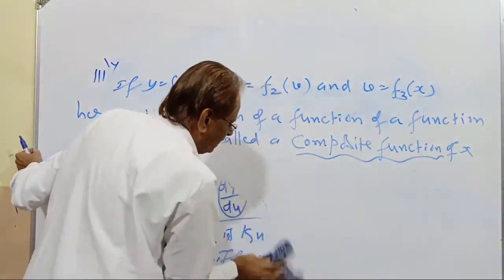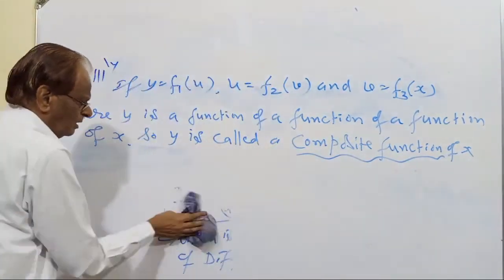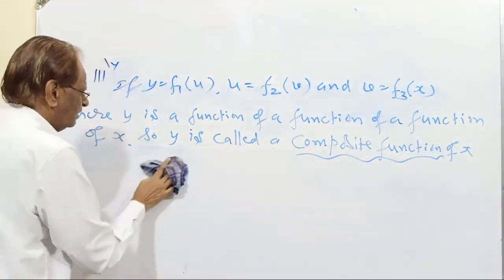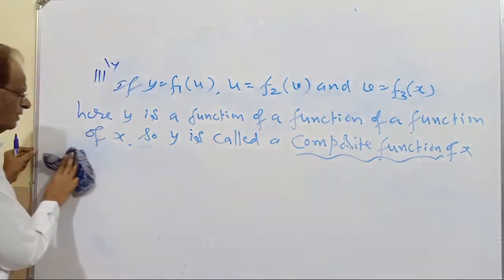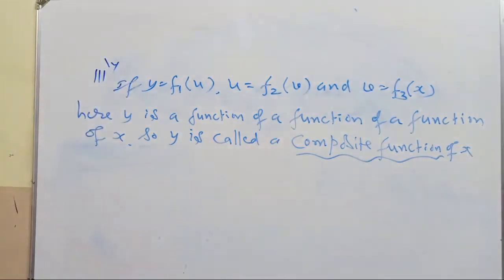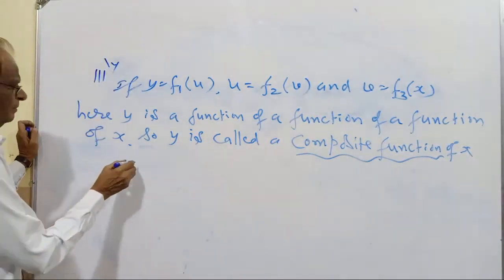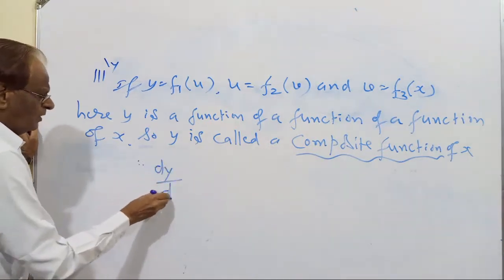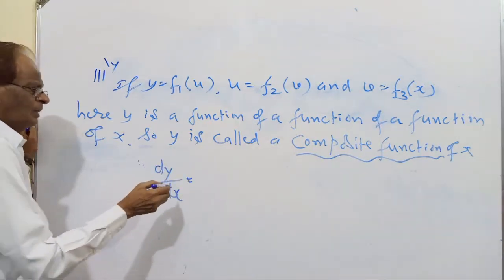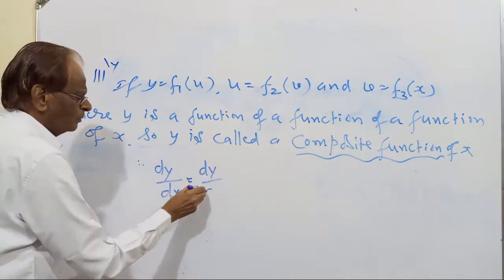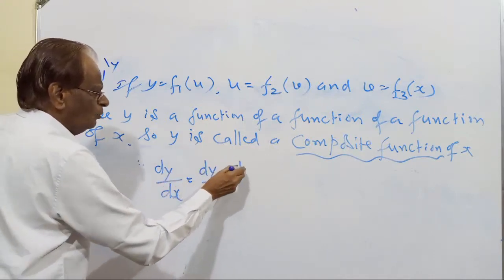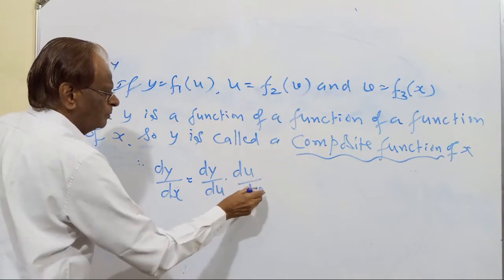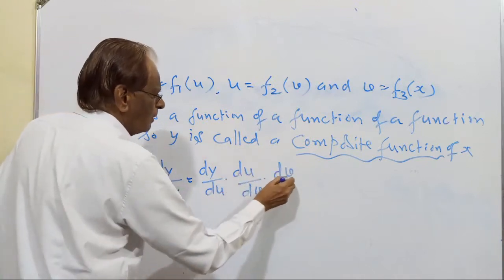Because, just like in the last class, we can't directly find dy by dx. There, dy by dx equals dy by du, du by dv into dv by dx.